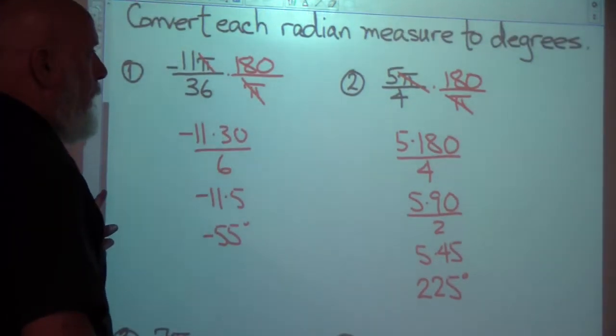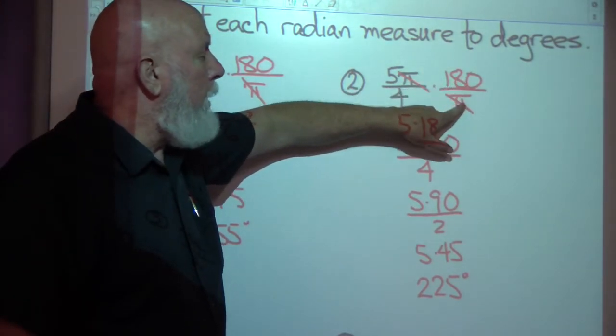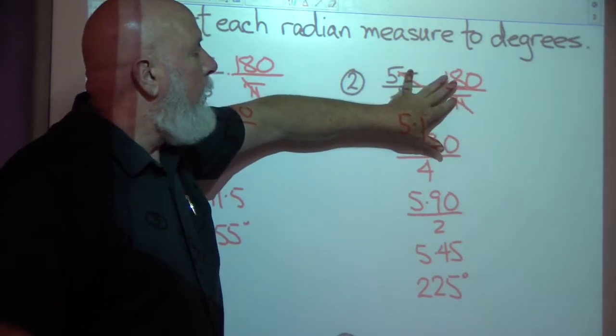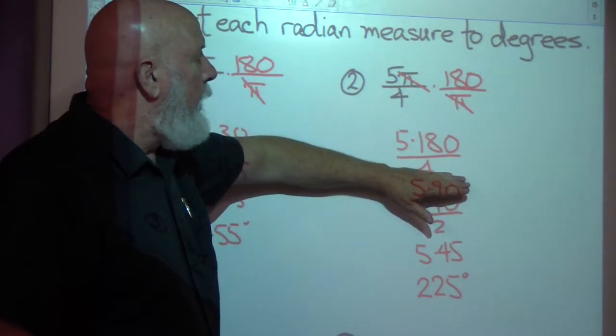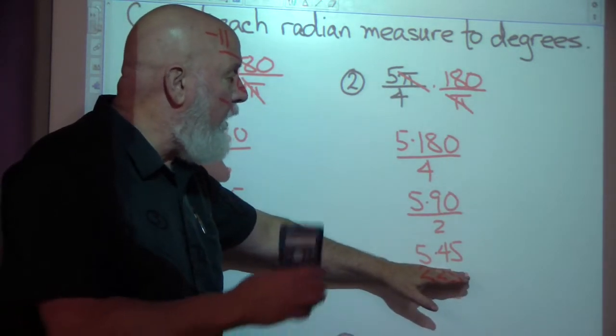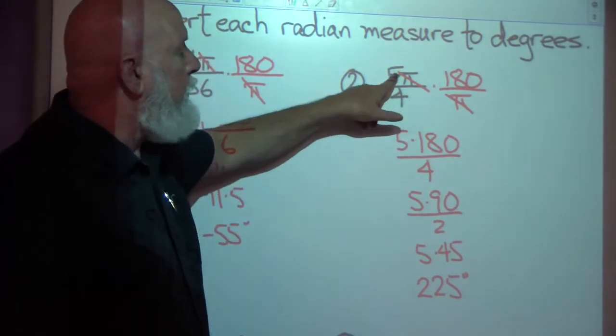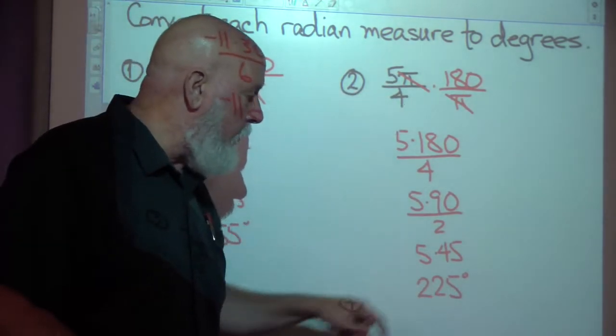So we started out with 5 pi over 4. We wanted to change it to degrees, so we multiplied by 180 over pi. The pi's automatically canceled. And then I said, well, hey, these will reduce. And I said, hey, this will even reduce further. We could have done all of that in one fell swoop. 5 times 45 is 225, so 5 pi over 4 radians is 225 degrees.